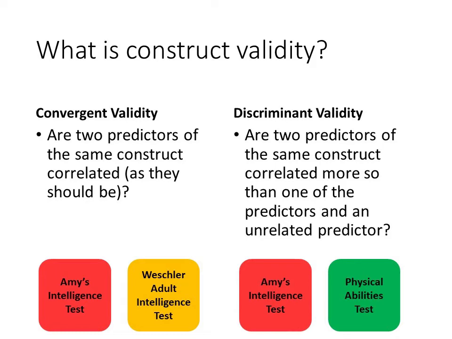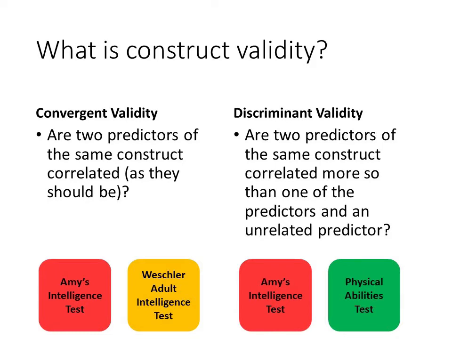To assess discriminant validity, we compare the correlation between 2 similar tests, 2 intelligence tests, and the correlation between one of those intelligence tests, the one we're trying to validate, and some completely unrelated test, like a physical abilities test. We would expect the 2 IQ tests to be somewhat correlated, at least more so than an intelligence test and a physical abilities test.